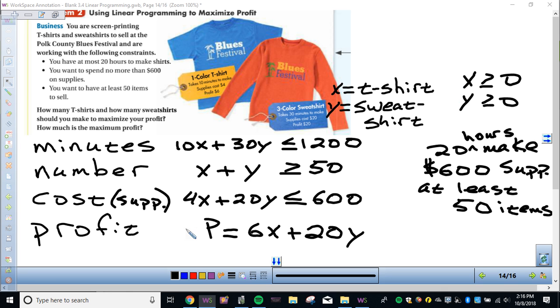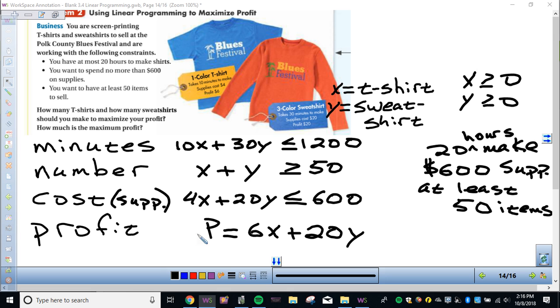Then we're going to take the corners of the feasible region and plug them into this profit equation. We're going to do that tomorrow. Finish this problem tomorrow, do one more full example, start to finish, and then I'll give you homework time tomorrow as well. Okay, any questions on this?